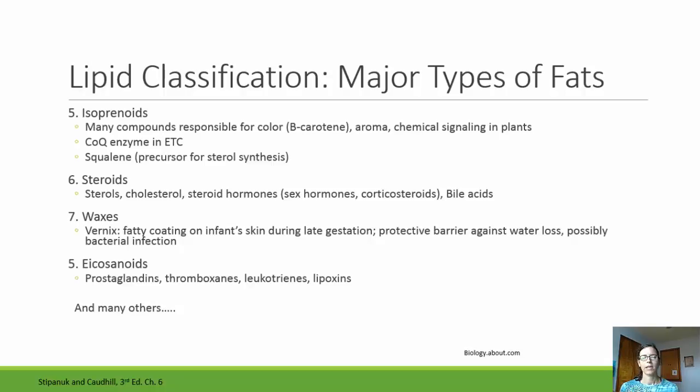And it's always been common practice to wash this vernix off, but now we're realizing that it is actually protective, especially could be beneficial because it protects against bacterial infection. So now we're moving toward a recommendation where we actually leave vernix on until it is absorbed. But that's a little bit of a side shoot. So we won't talk much about waxes, but that is a major type of fat.